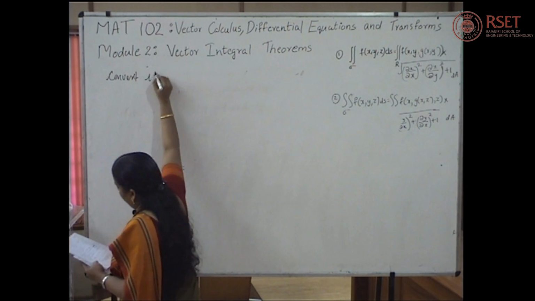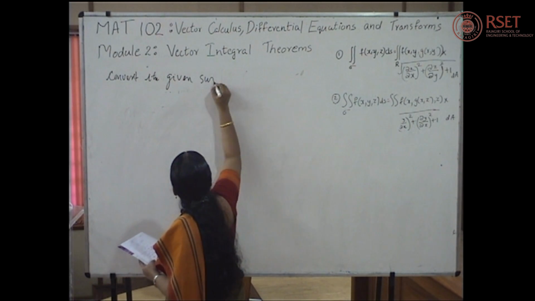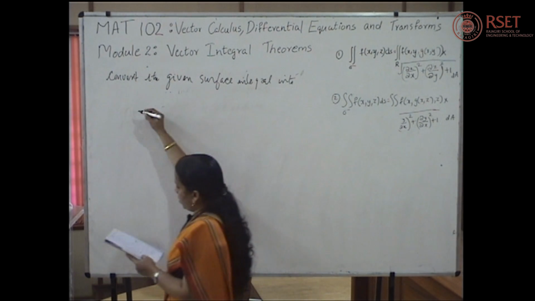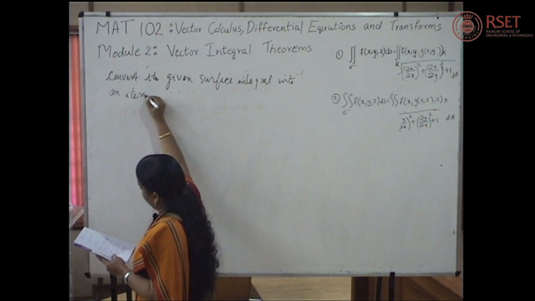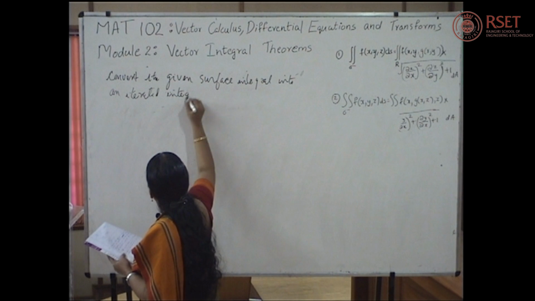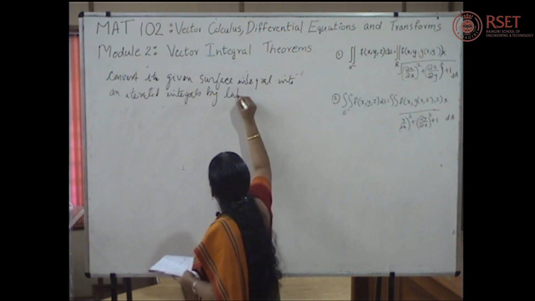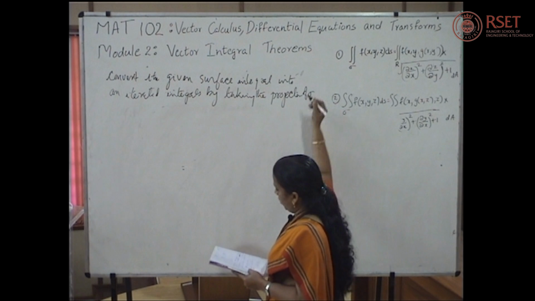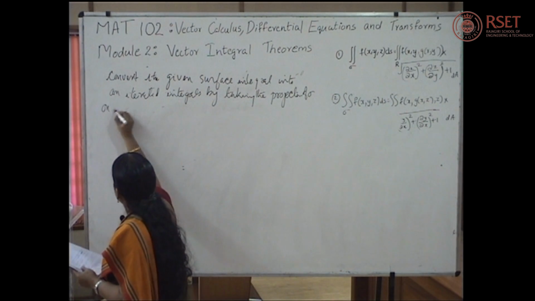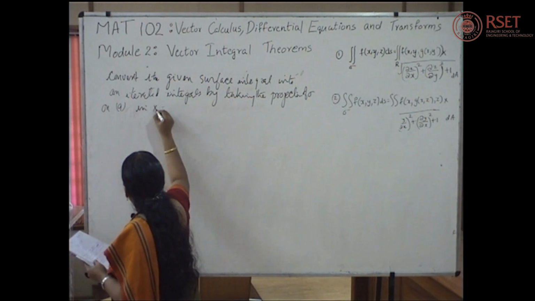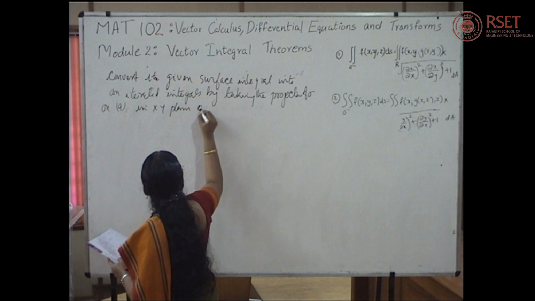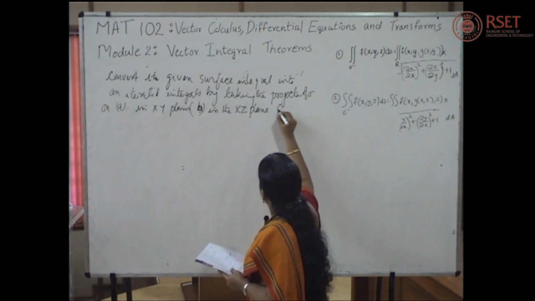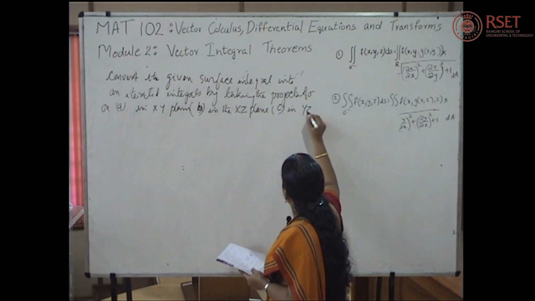Convert the given surface integral into iterated integrals by taking the projection of sigma, first, in the xy plane, second, in the xz plane, and third, in the yz plane.